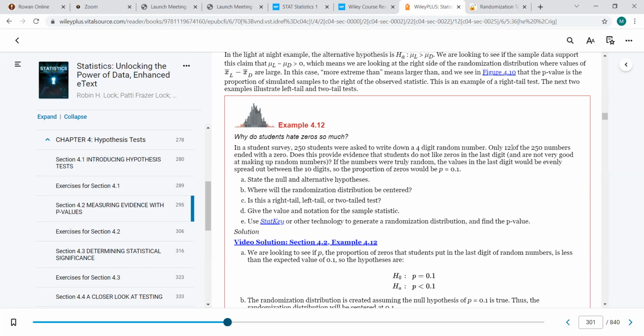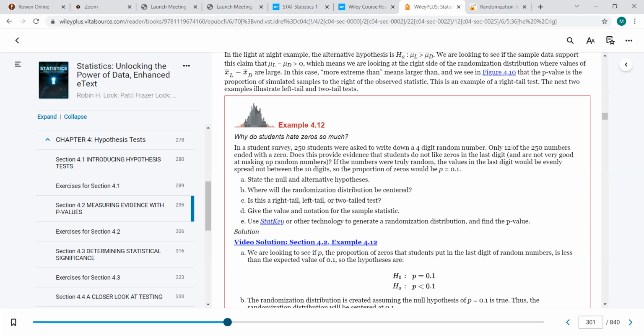If you divide 12 by 250, do it with your calculator, you should notice that is 0.048. So the sample proportion in this case is 0.048, 4.8%, which is well below 10%.